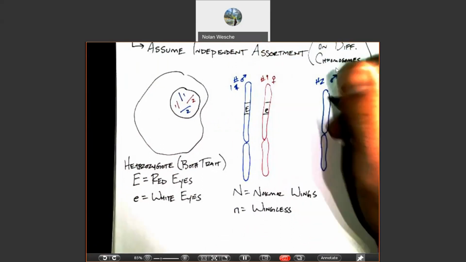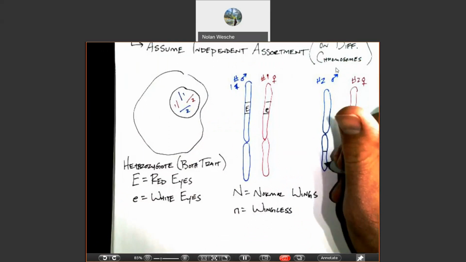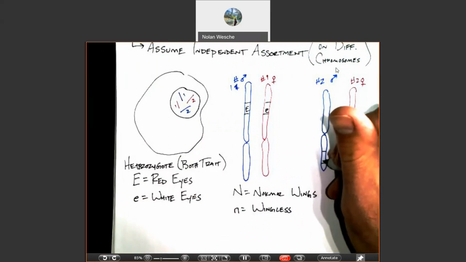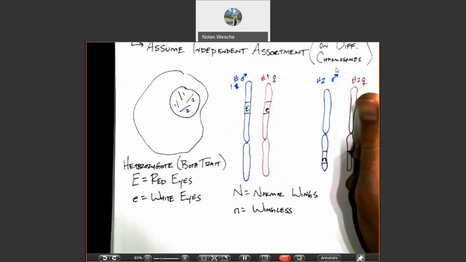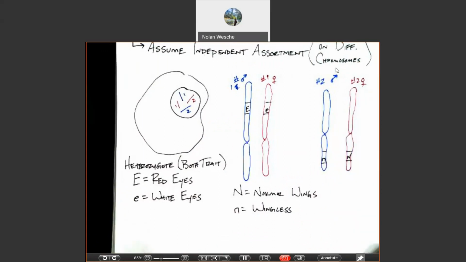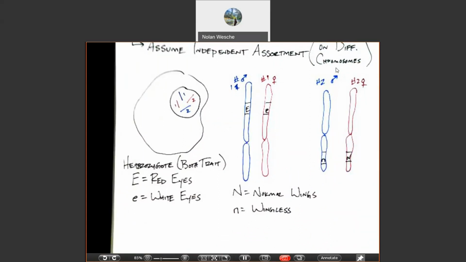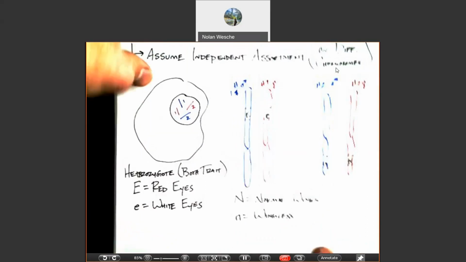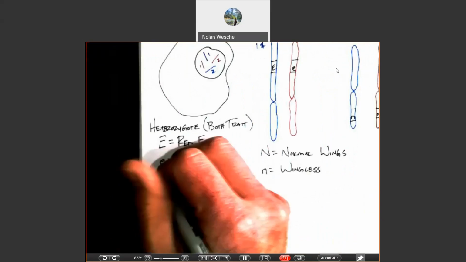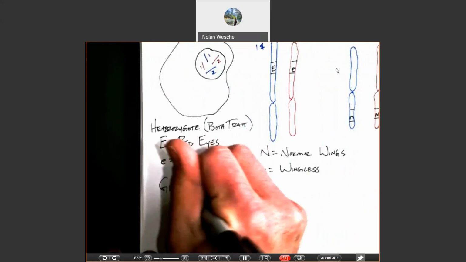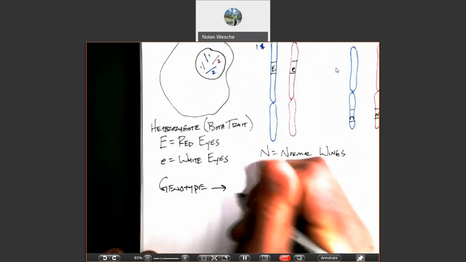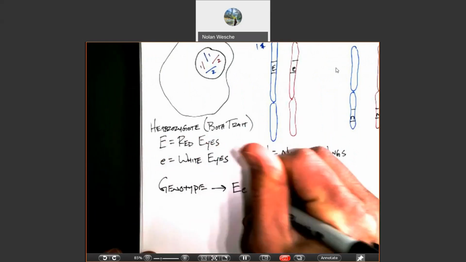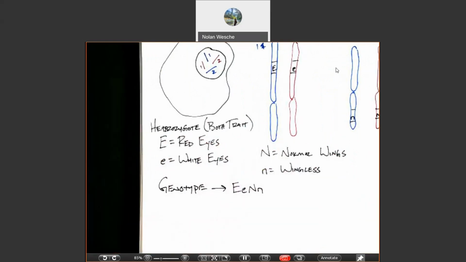On the chromosome for wings, we'll say they have a wingless allele and a wing allele. So they got both versions of the eye allele, both versions of the wing allele, which means their genotype is going to be big E, little e, big N, little n, because the genotype is just the characters or the symbols that represent the gene.